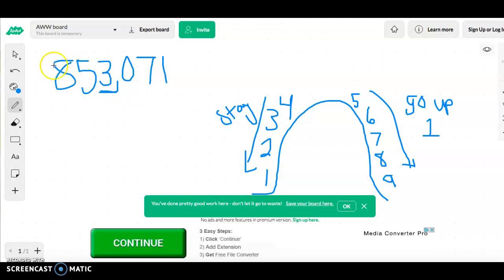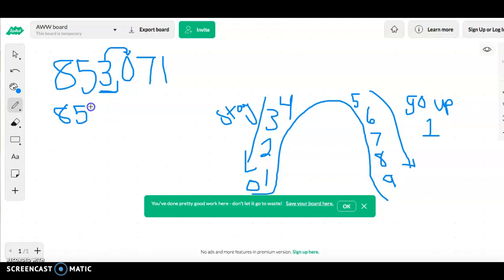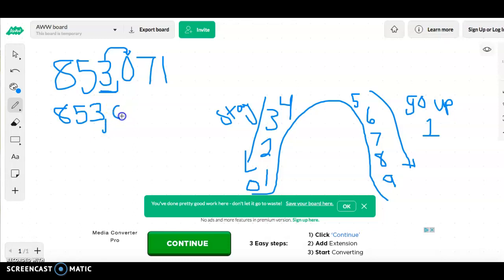Now, the numbers in front stay, so my number is going to be 850 something. I'm going to look at the 0. Now, 0 I didn't put on here, but it would be on the side where we stay. So it would round to 853,000. And all my numbers behind the neighbor turn to 0.